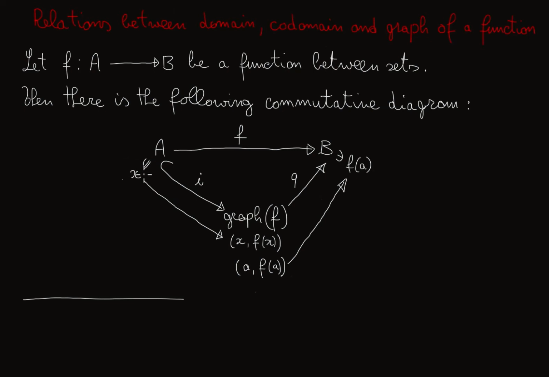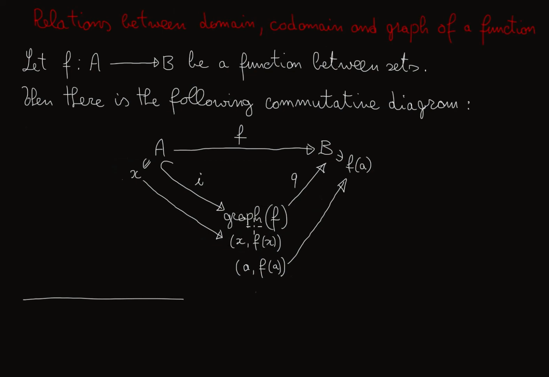Let's try to understand how the maps I and q are defined. We fix an element x in A. The map I associates to x the element of the graph given by (x, f(x)). So remember, the graph of f is a subset of the Cartesian product A times B. Therefore, all the elements of the graph of f will be pairs, where the first element is an element of A and the second element is an element of B. So certainly (x, f(x)) is an element of the Cartesian product A times B, and by definition of the graph of f, it is also an element of the graph of f.